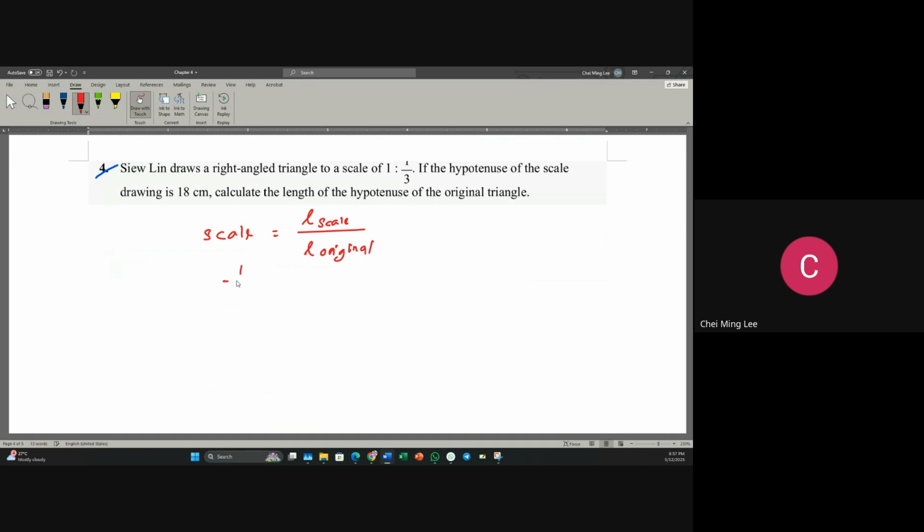This is 1/3, which is equal to 18, the scale drawing, divided by the length of original. So this one moves here. The length of original will be 1/3 times 18, which is equal to 6 cm. Okay, correct? Good. If that's the case, then you are allowed to dismiss.